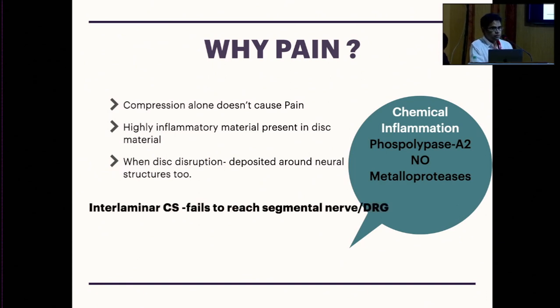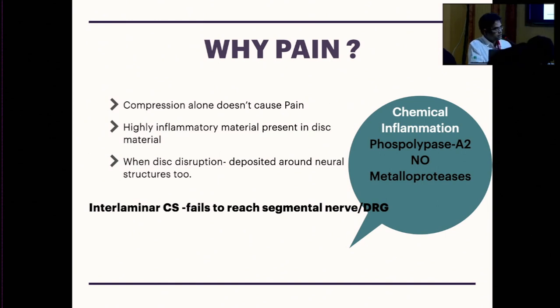When the patient goes for conservative treatment, the patient is offered an interlaminar corticosteroid, where the steroid is deposited in the dorsal, or posterior, part of the epidural space. That sometimes fails to reach the segmental nerve root, because the disc is more ventral, and the herniation involves that ventral part.